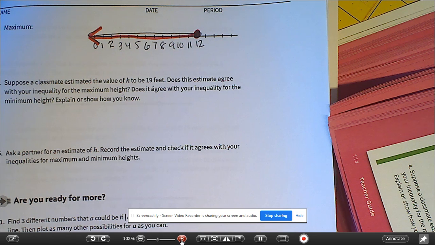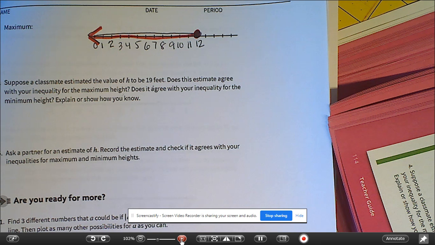It does not agree with the inequality for the maximum height of the hoop. H is less than 12 when H is equal to 19. 19 is not less than 12, so that wouldn't work.